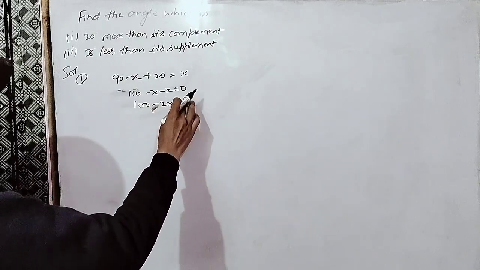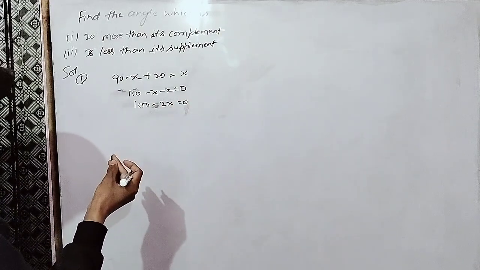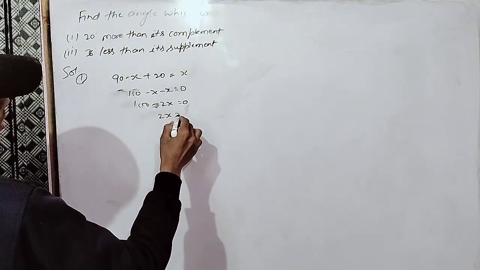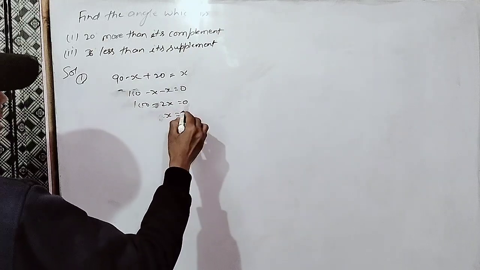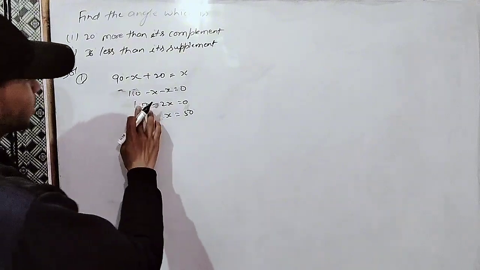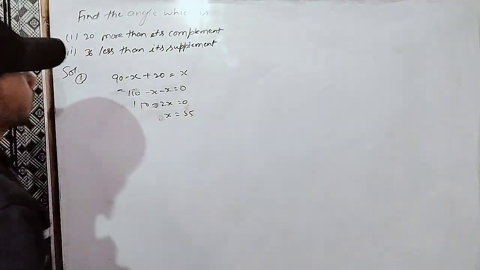2x, 50. The value would be 50. This is 110 though. Now the value would be 55.